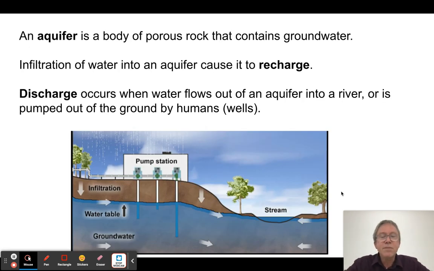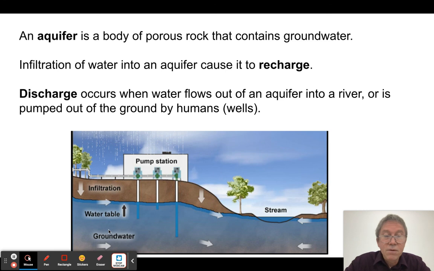Okay, so an aquifer is a body of underground rock that is porous, and those pores are filled with water. It is the rock that contains the zone of saturation. We call this an aquifer. And the value of aquifers is they are a reservoir of clean water that humans have access to. So think of it this way: groundwater is always flowing.